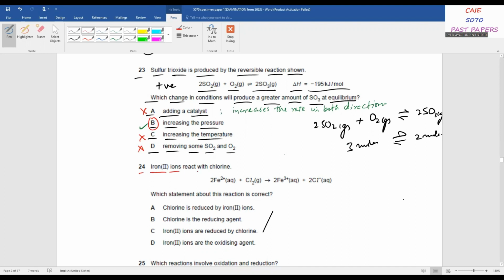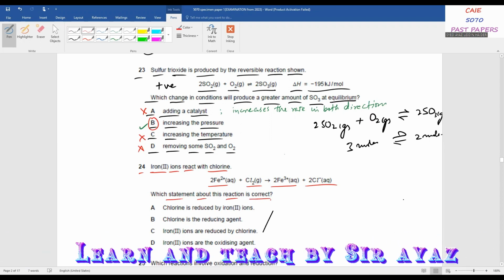24, iron 2 ions react with chlorine: 2Fe2+ plus Cl2 gas gives 2Fe3+ aqueous plus 2Cl- aqueous. Which statement about this reaction is correct? A, chlorine is reduced by iron 2 ions. So we will check by looking at this equation which one is reduced and oxidized.